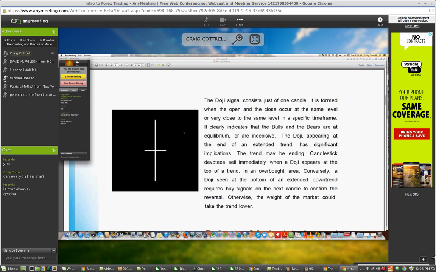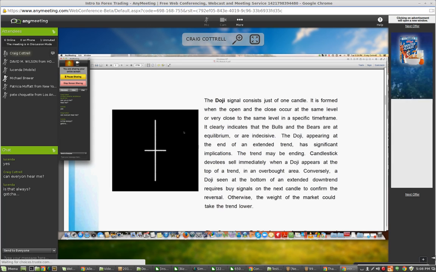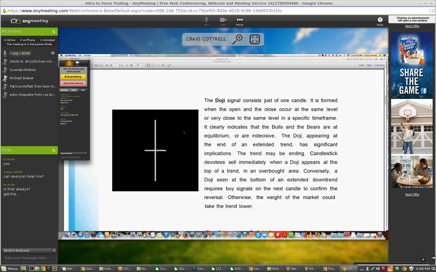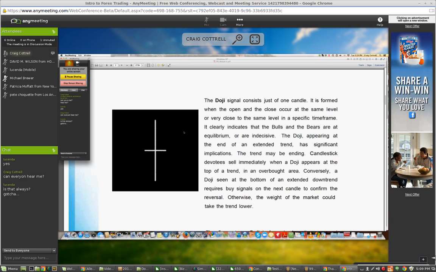Now, hopefully you've all heard of the term bulls and bears. If you watch financial news, they often mention the bulls had their way today or the bears had their way today. These are old Wall Street terms, basically. When the market is bullish, that means the prices are increasing.